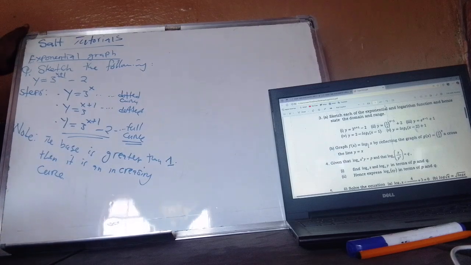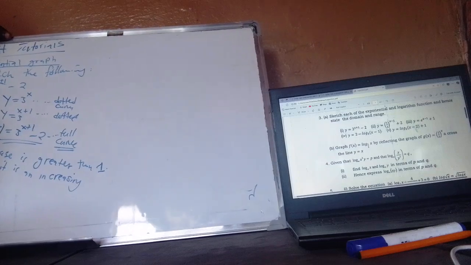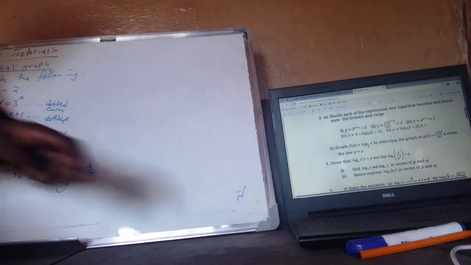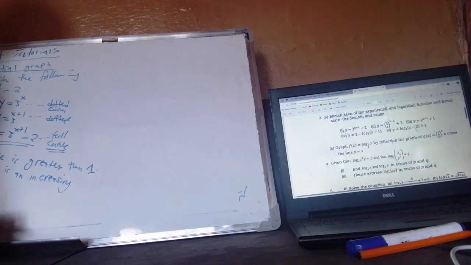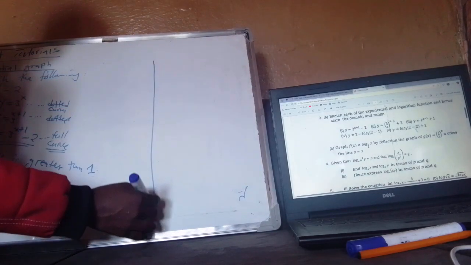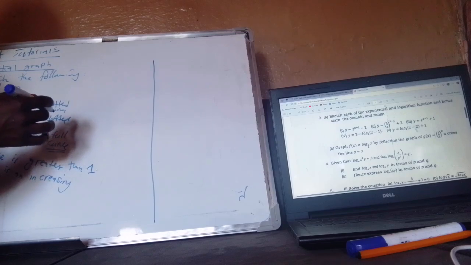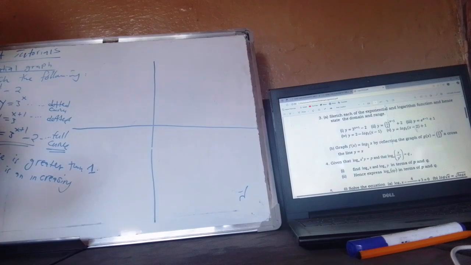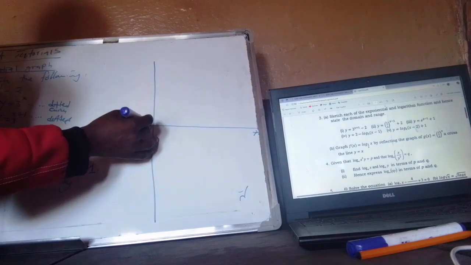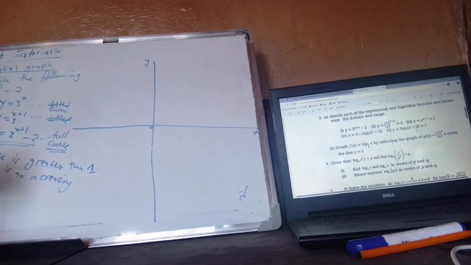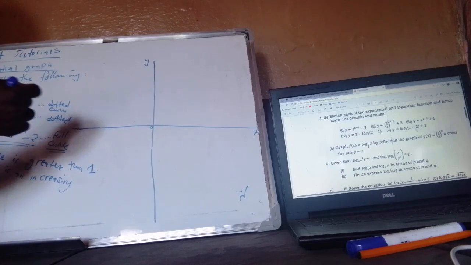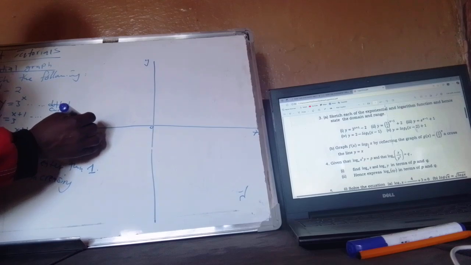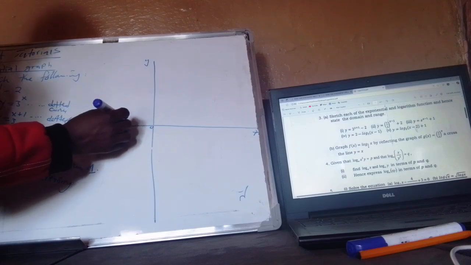So let's sketch. What am I going to have if sketched? If this is my Cartesian plane, x or y, we start first of all by sketching the parent function, 3 power x. The 3 power x is going to be a function which will be dotted continuously.